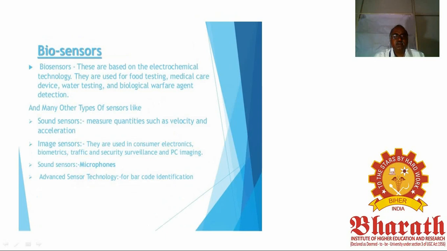Next, the sensors which are widely used in plants where biological degradation or chemical degradation is happening are known as biosensors, and they are electrochemical in nature.